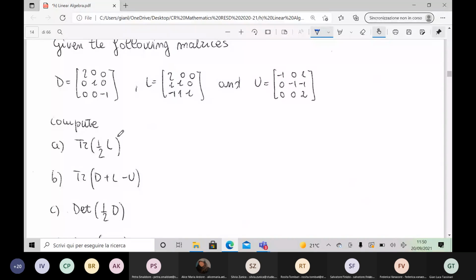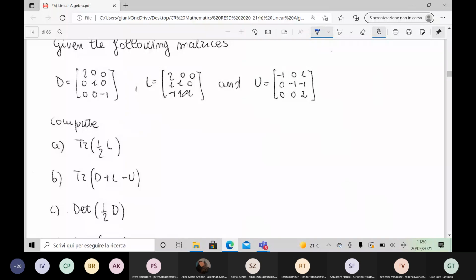Or maybe let me do it here, because we have the matrix here. The trace of D plus L minus U. As you will see below, the trace of a sum is the sum of the traces. So you have the trace of D plus the trace of L minus the trace of U. Which is the trace of D? 2 plus 1 is 3, minus 1 is 2.